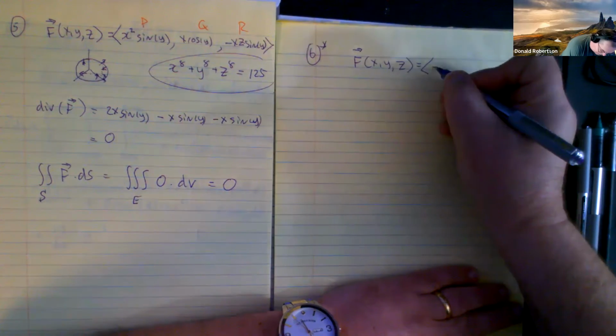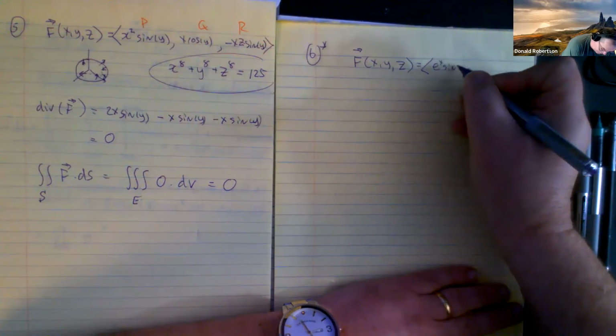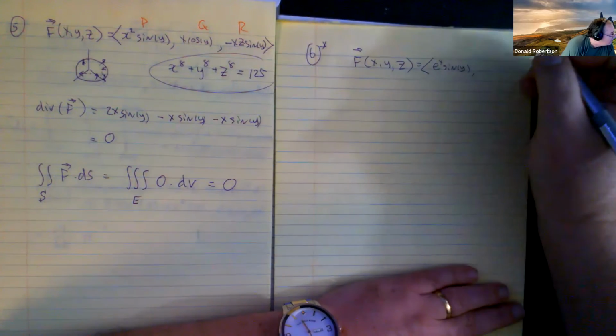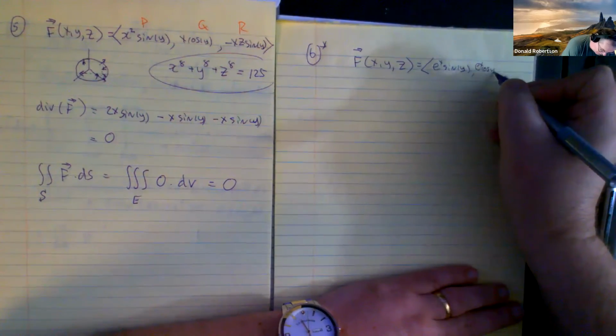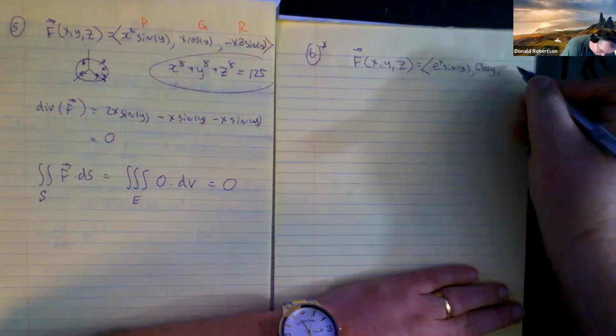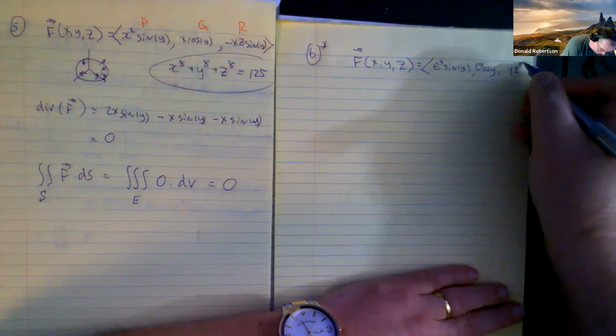This guy is e to the x sine y, and the middle term is e to the x cos y, and the last term is y z squared.